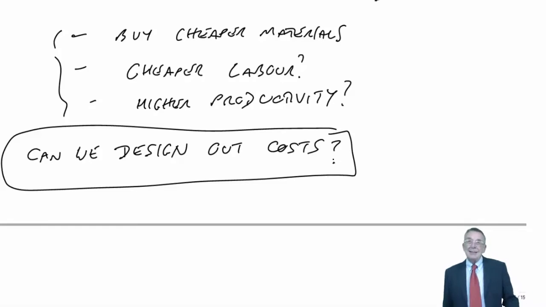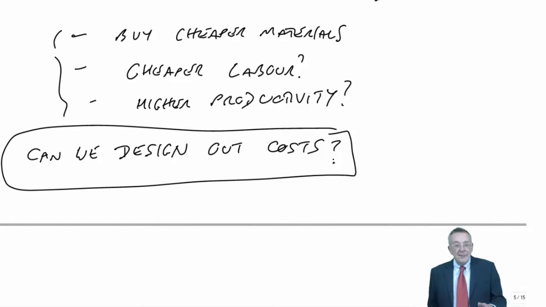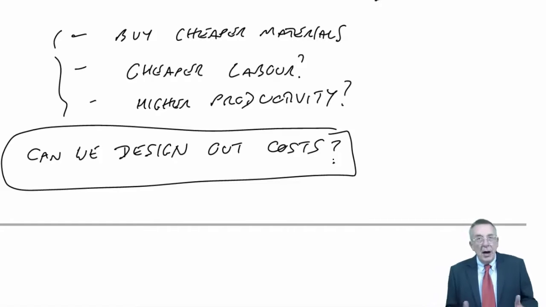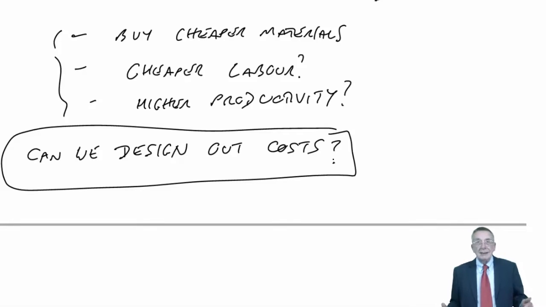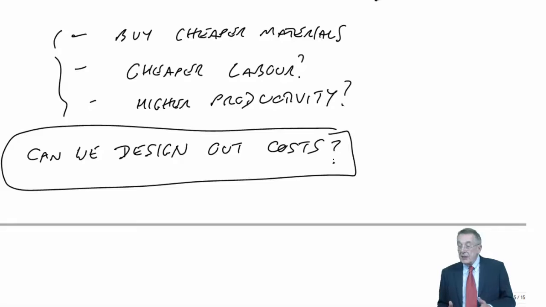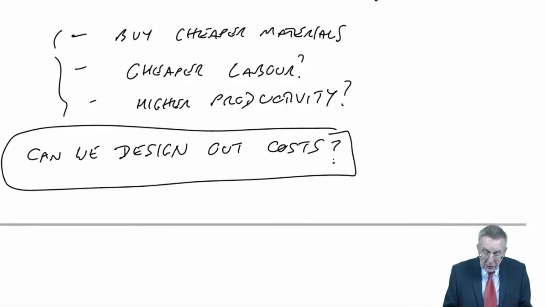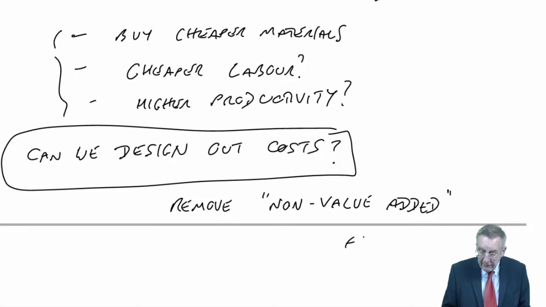You look again at the design and say, well, is there any way we could redesign it, make it a bit smaller or whatever, in a way that would save costs without affecting the customer's perception? We'd try and remove what we call non-value added features.